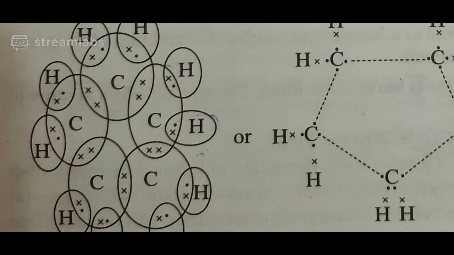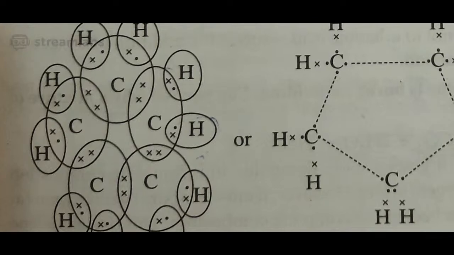If you go on putting like this around the carbon for 8 electrons, and for one dot of the carbon and hydrogen, it is 2 electrons for hydrogen. This completes the dot structure of cyclopentane.